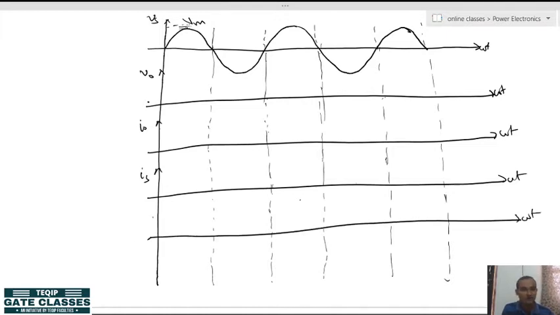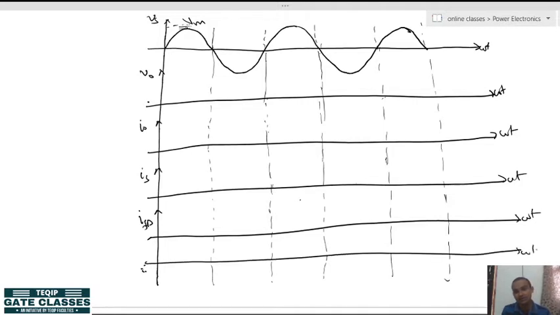I have told you that when the circuits start becoming complex, you may have to draw many waveforms. You cannot cram all the waveforms, just understand the concept. And I have to draw, let us say, the diode voltage, the main diode voltage.